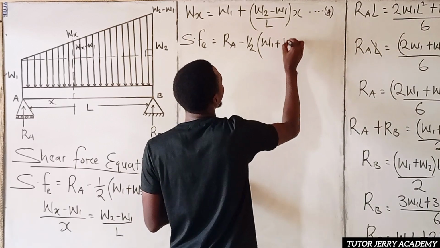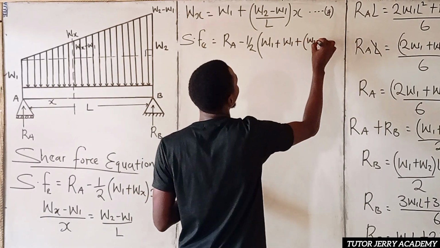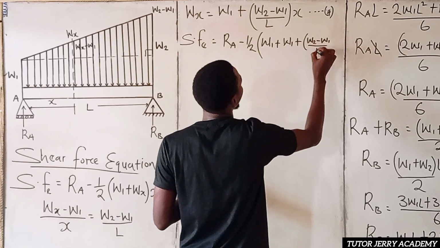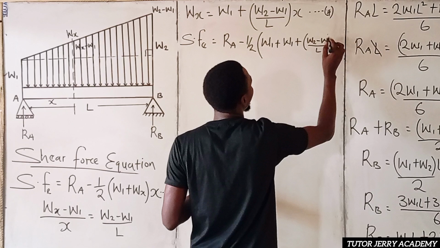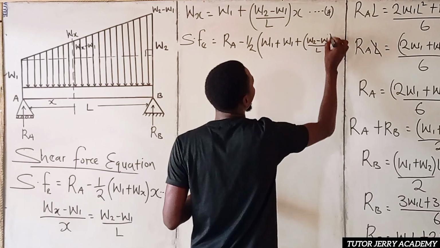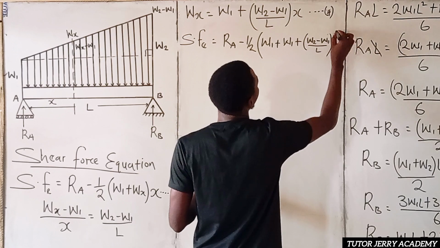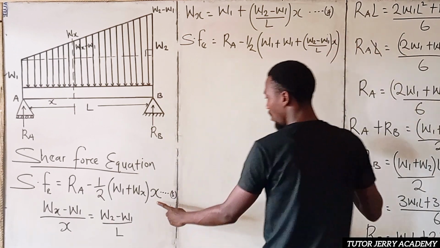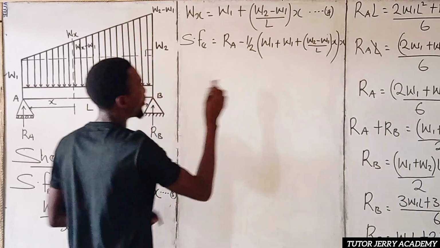It's going to be W1 plus W2 minus W1 all over L multiplied by S, and close your bracket, then multiply by S.